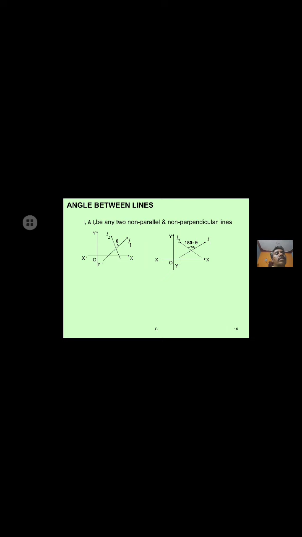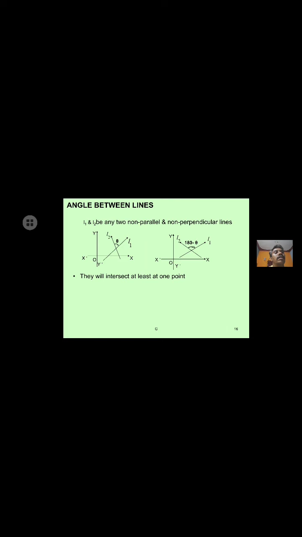So there are two possibilities: one is theta, or the other angle between the two lines is 180 minus theta. So both are making angles.